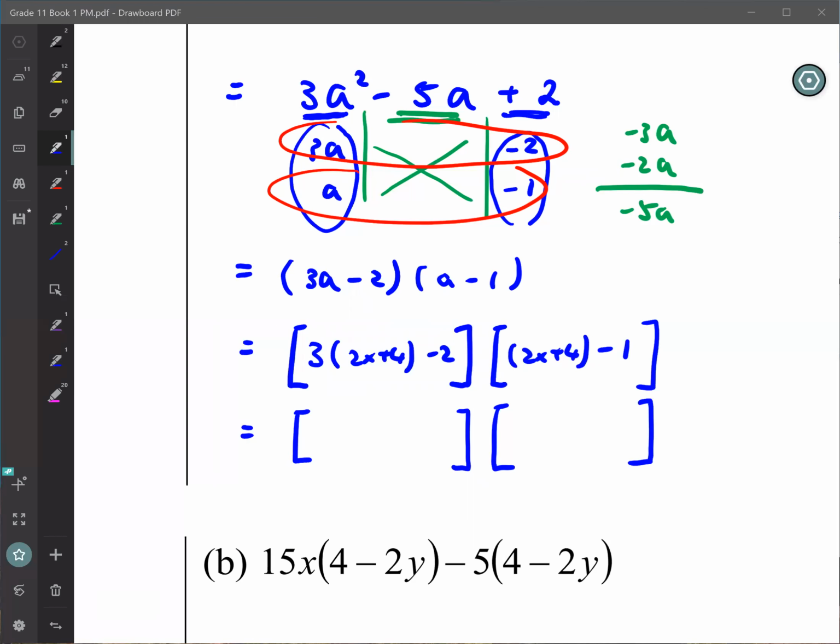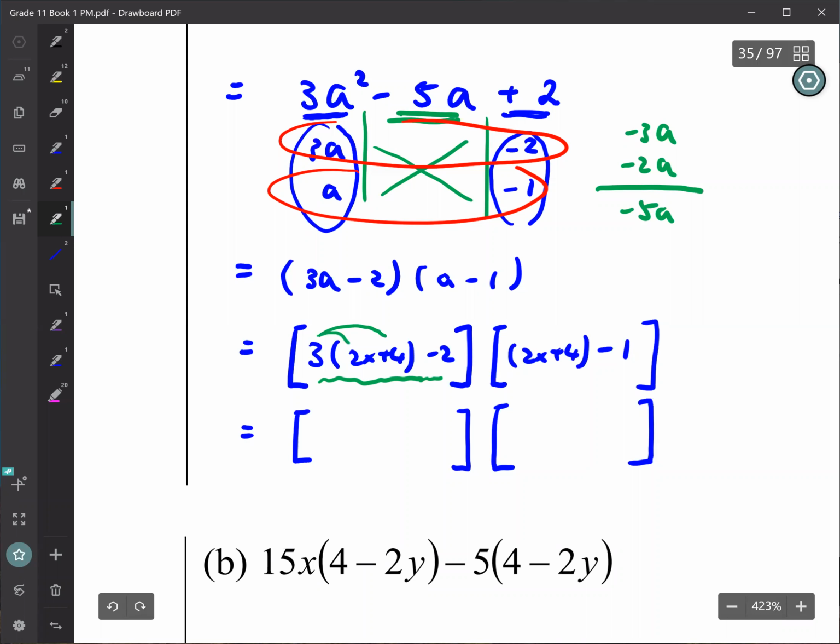Jenny, what did you say? What do you mean by simplify the inside? For example, the first one, you have smaller brackets, right? So you could expand the brackets like that.